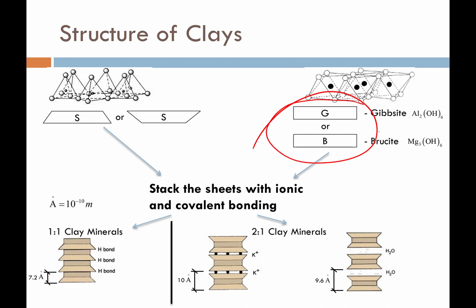Now, often we'll see in the rectangle a G for gibbsite or a B for brucite. Again, they represent octahedral sheets, but the difference is what type of mineral is in the middle of them. So either we have aluminum or we have magnesium inside those octahedra, okay? So if we have aluminum, it's gibbsite. If we have magnesium, it's brucite.